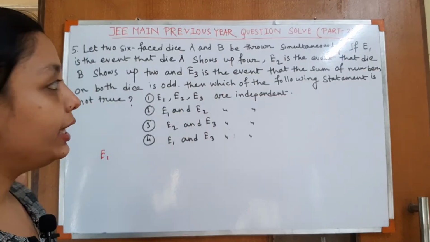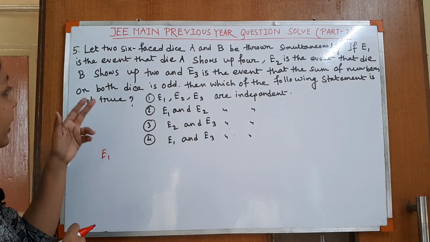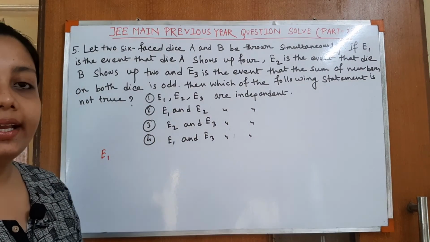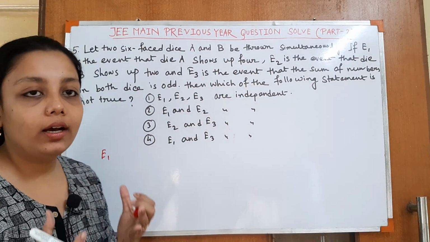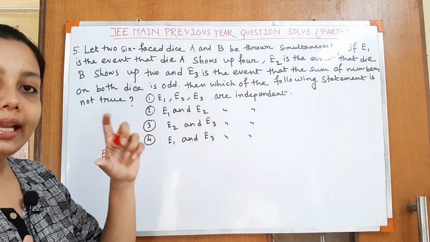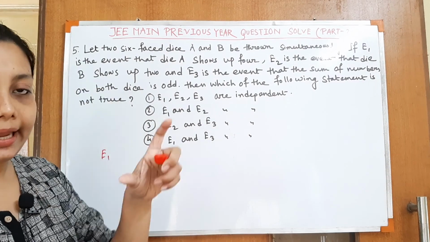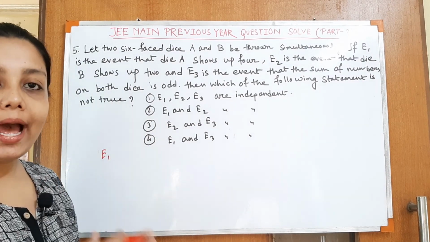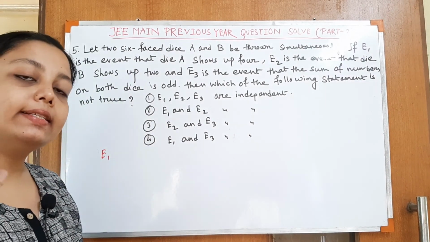Our first event E1 says that A shows up 4, that is when we throw two dice A and B, die A always shows 4 and B shows its 6 faces.